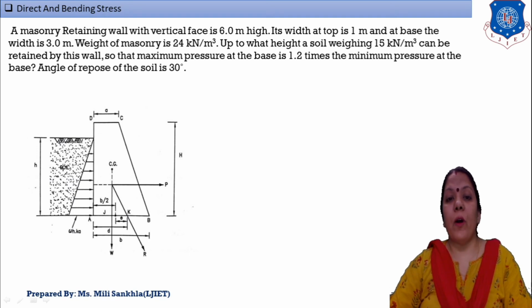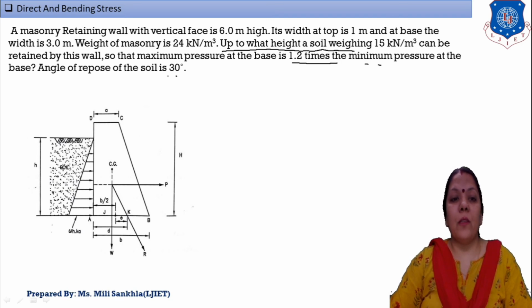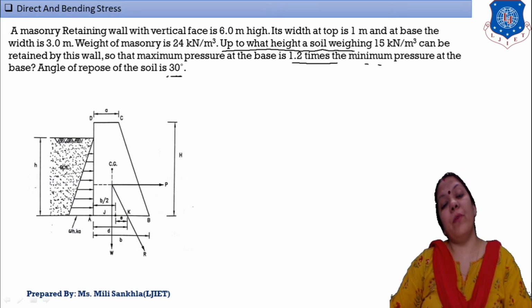Up to what height of soil weighing 15 kilonewton per meter cube can be retained by this wall, so that the maximum pressure at the base is 1.2 times the minimum pressure, and angle of repose is given 30 degree. Now in this example we find out the height of the retaining wall.